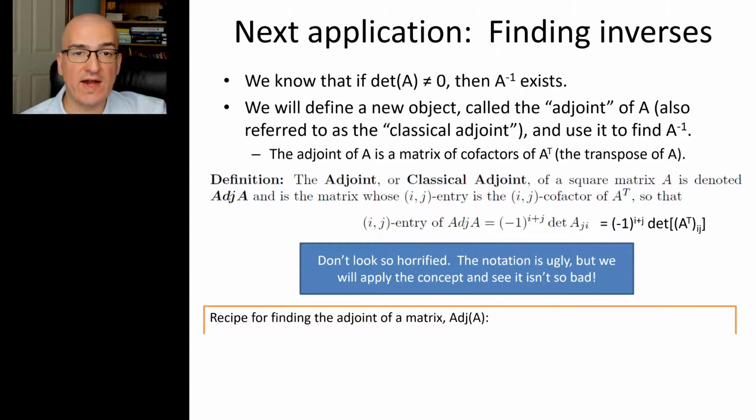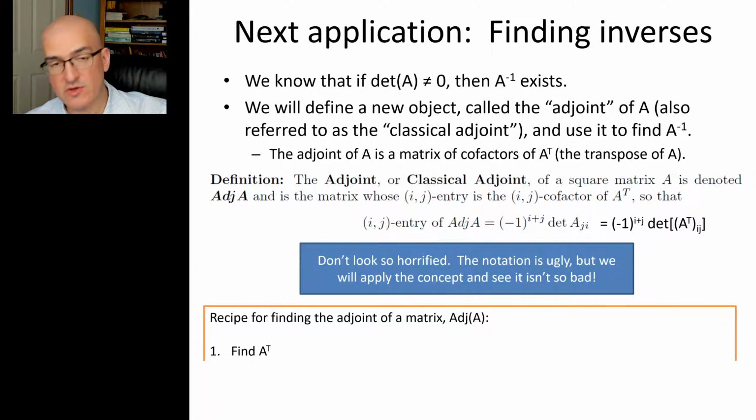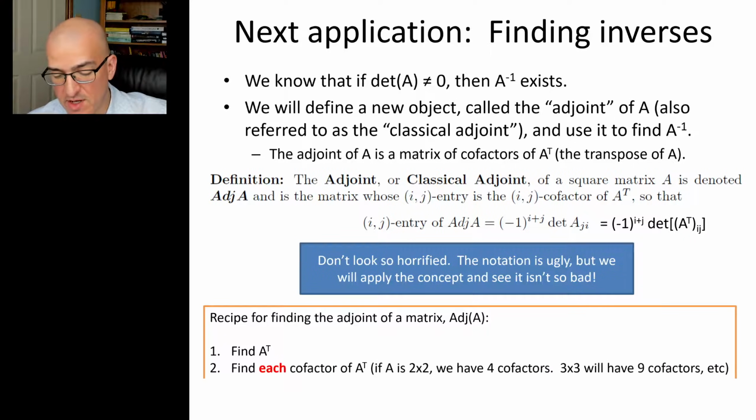Our recipe for finding the adjoint of a matrix A is, first, transpose A. Second, calculate all of the cofactors of that transposed matrix. This might be a lot of work. If A is 2 by 2, we're going to have 4 cofactor calculations.